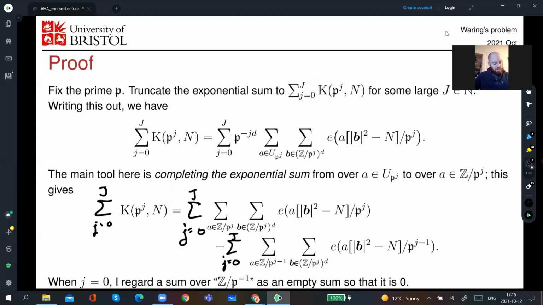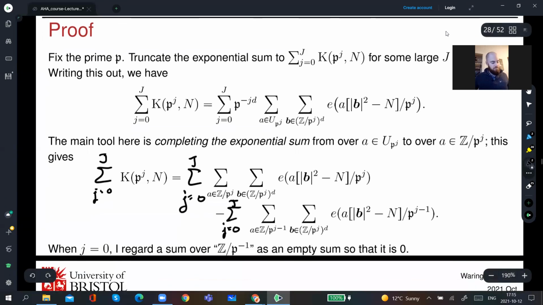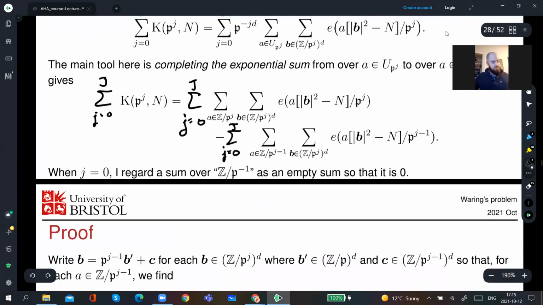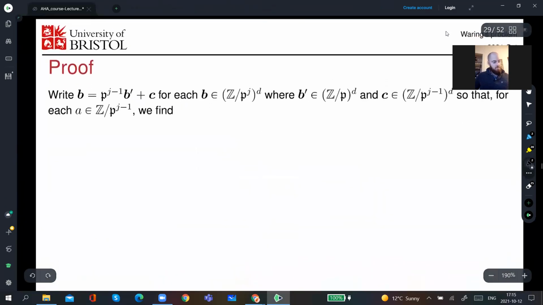Where if j is equal to 0, then the group of units is just adding in the term a equal to 0 and then taking it out. So I'll consider that as an empty sum. All right. Now that we've completed the exponential sum, we just have some simple analysis to do.